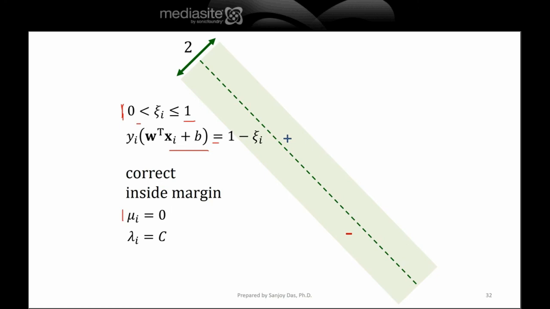But since mu I equals 0, lambda I equals c, because again, lambda I is c minus mu I. Now, we cannot use these points to find the bias because we don't know the values of the zeta i's if we solve only the dual. So since we don't know the values of zeta i's, we cannot use these equations to compute the bias.